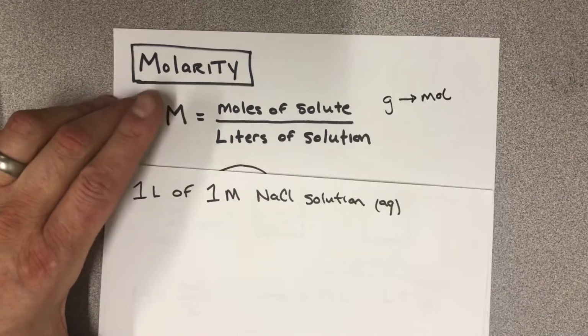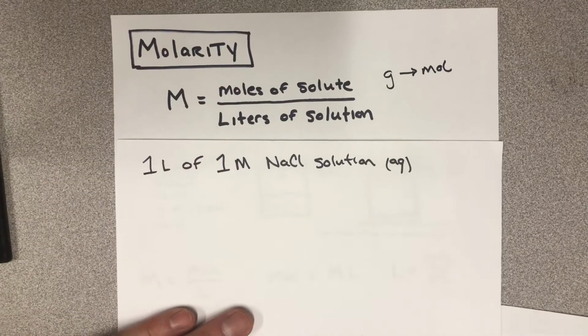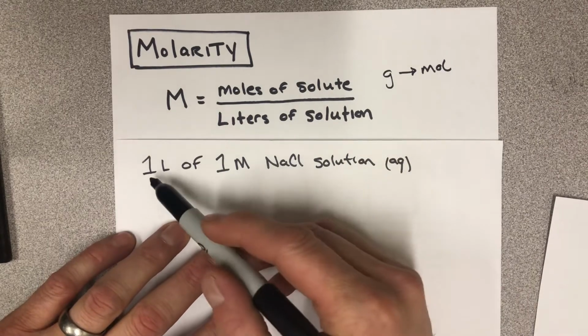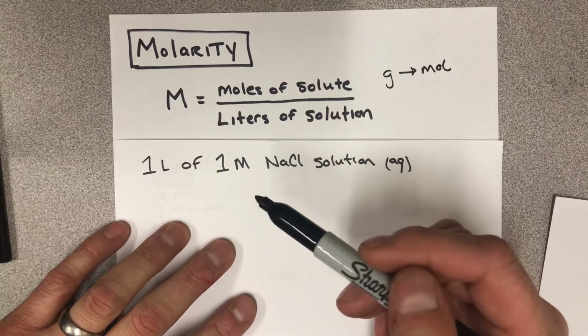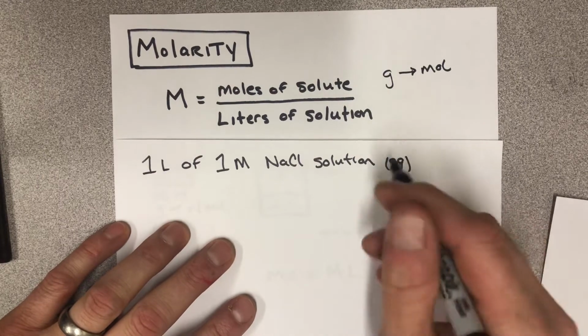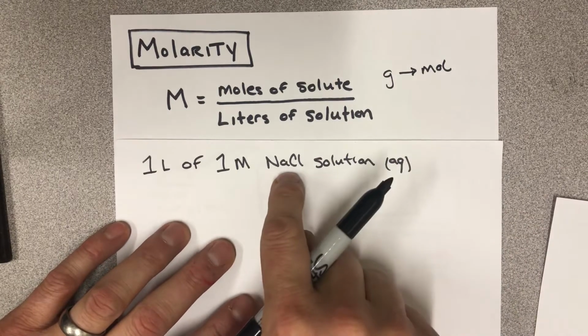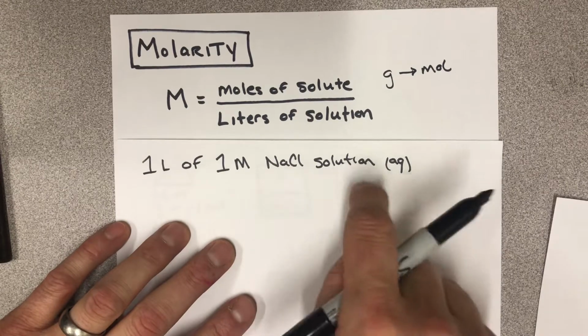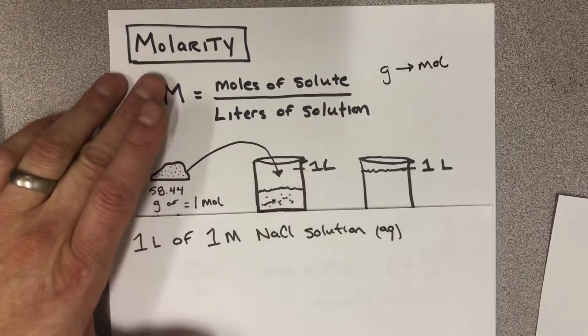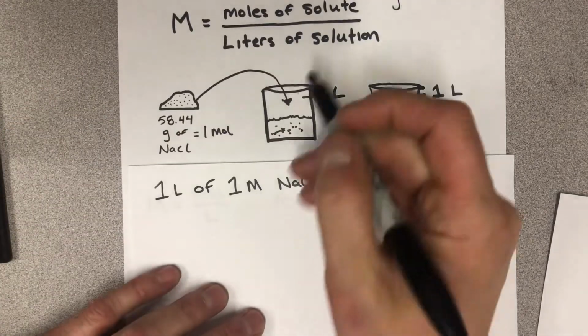So what if we wanted to make this solution? I'll just use ones here because it's easy math. We want to make exactly 1 liter of exactly 1 molar sodium chloride solution that's aqueous. So we've got to mix some salt into some water to make this concentration. Here's how you do that.